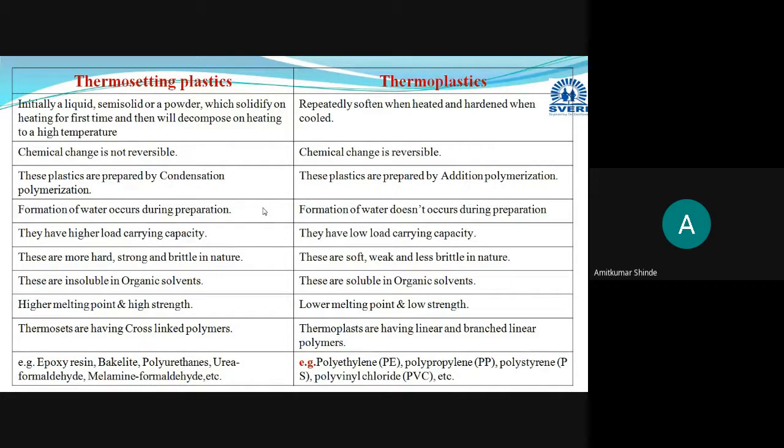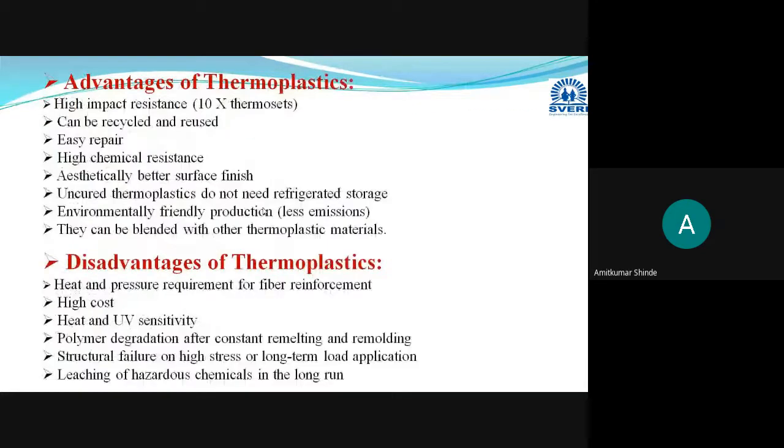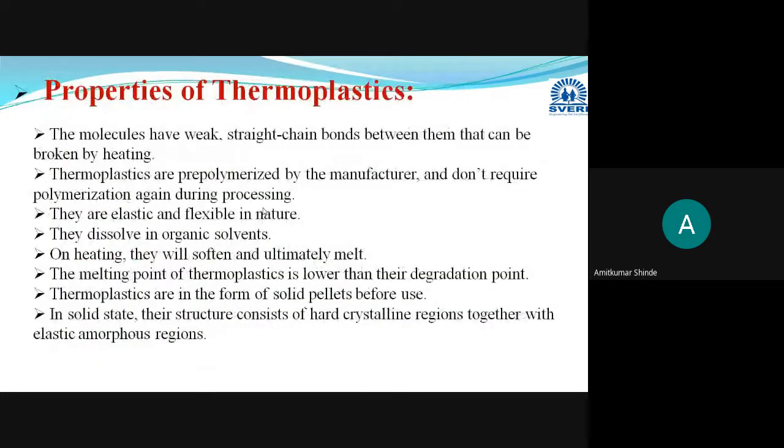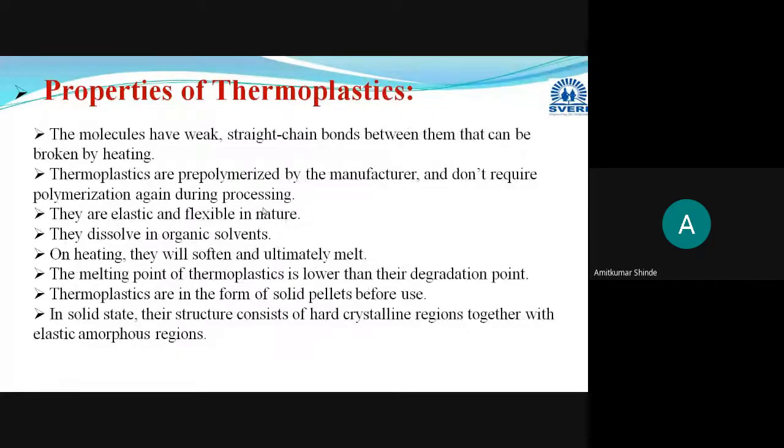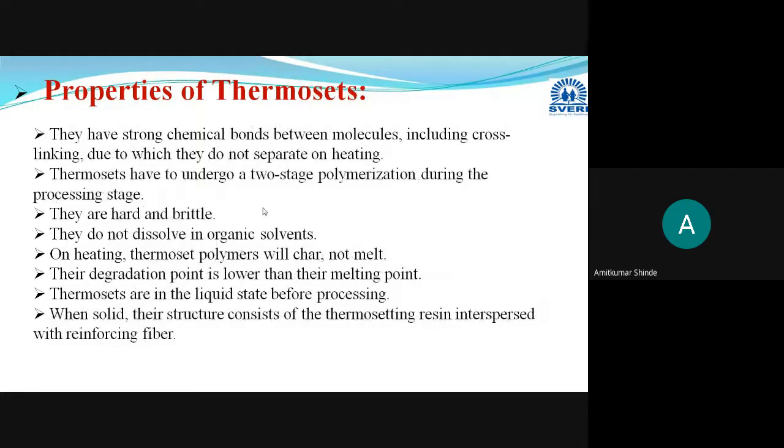So before discussing this comparison slide, we will go through the properties of thermoplastics and properties of thermosetting materials separately. Or I will use the word thermoplasts here. This is the thermoplast and this is the thermosets.